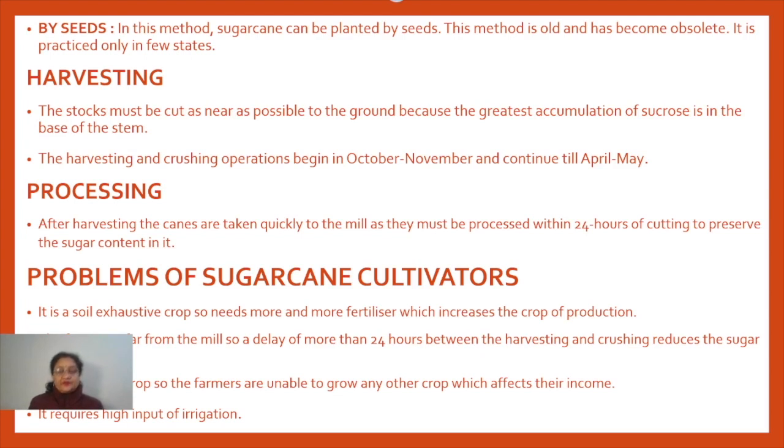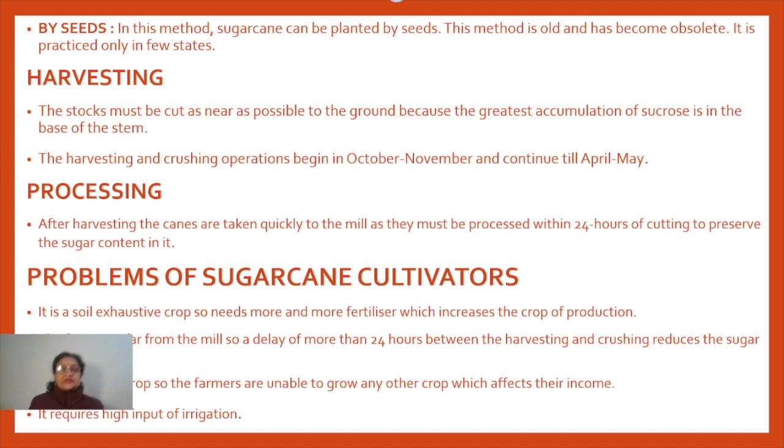First thing is that sugarcane is considered one of the most soil exhaustive crops. Once it is grown in the soil, fertilizers are required so that any new crop can be sown in the soil again.